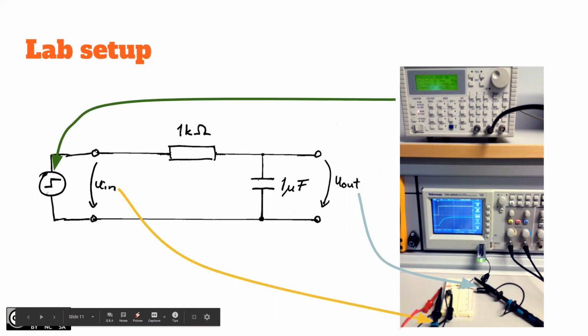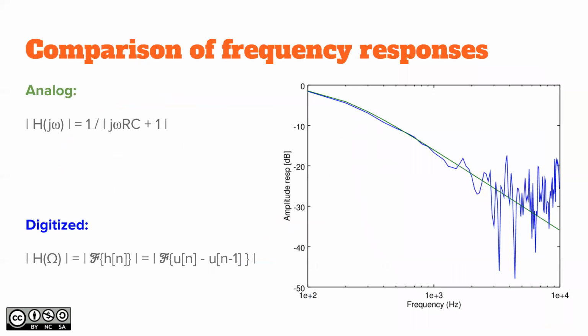Long leads without any protection pick up all the fluorescent light peaks and nearby power supplies and everything. So it's very noisy, let's put it this way.